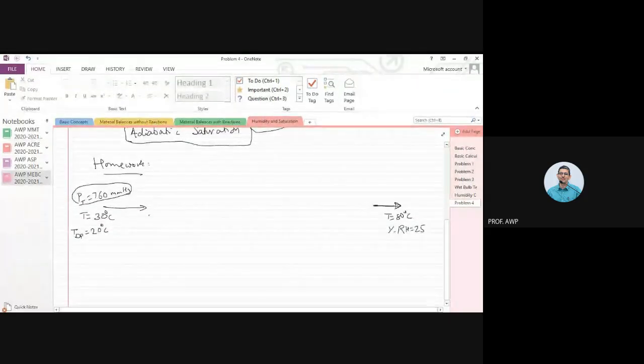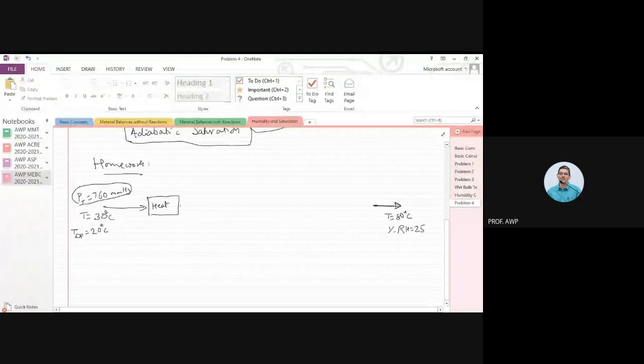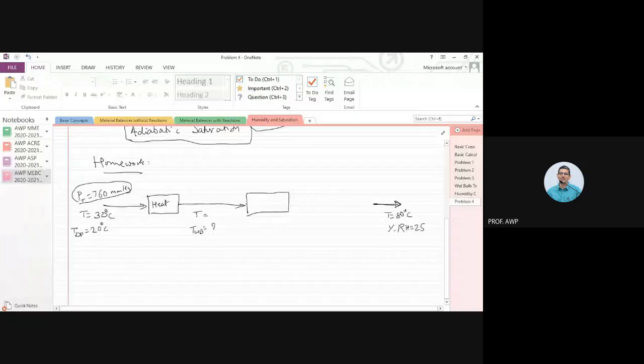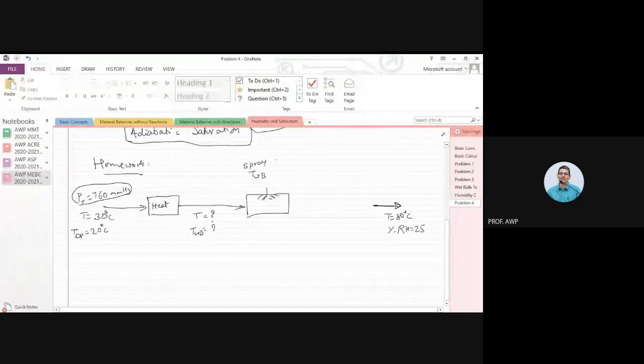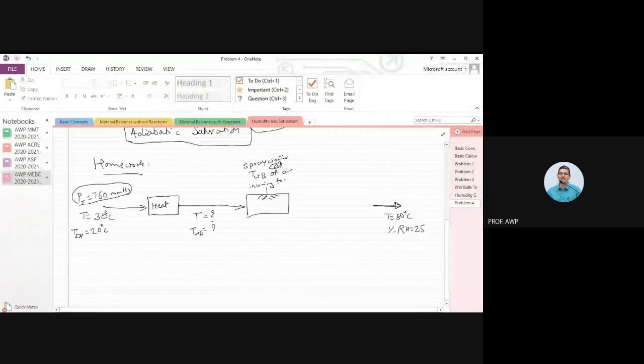Okay, again, we are going to do this in 3 steps. Heat to some temperature T. Wet bulb temperature will be something else. Spray water at the wet bulb temperature of incoming air, incoming to the spray chamber.